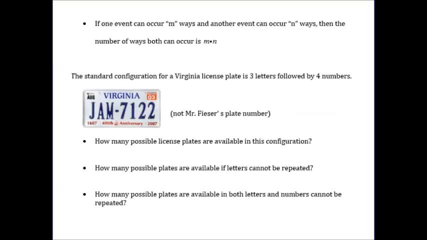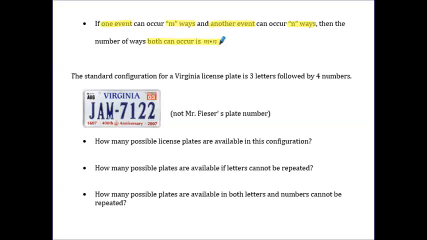In order to get started, let's talk about a principle that is very important for all areas of probability and statistics, the fundamental counting principle. The fundamental counting principle says if one event can occur m ways and another event can occur in n ways, then the number of ways that both can occur is m times n.